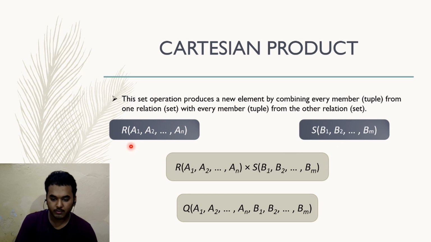So if we have a relation R with n attributes, and another relation S with m attributes, and we perform a Cartesian product operation, we get a resultant relation Q having n plus m attributes. But the number of tuples here would be, suppose we have k tuples in R and l tuples in S, so the number of tuples in the final result will be k into l, k times l.